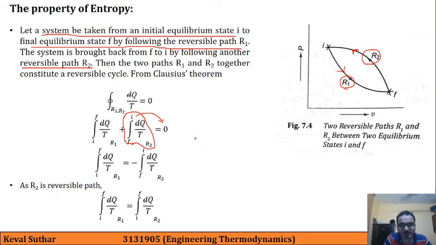What they are trying to say here is that minus the integration from F to I of δQ divided by T equals the integration from I to F of δQ upon T. This is applicable for the R2 path in this case. As R2 is a reversible path, we can write it in this way.